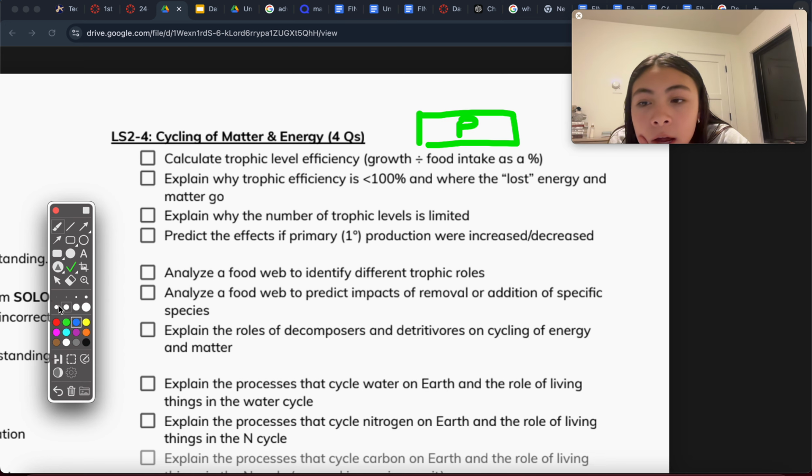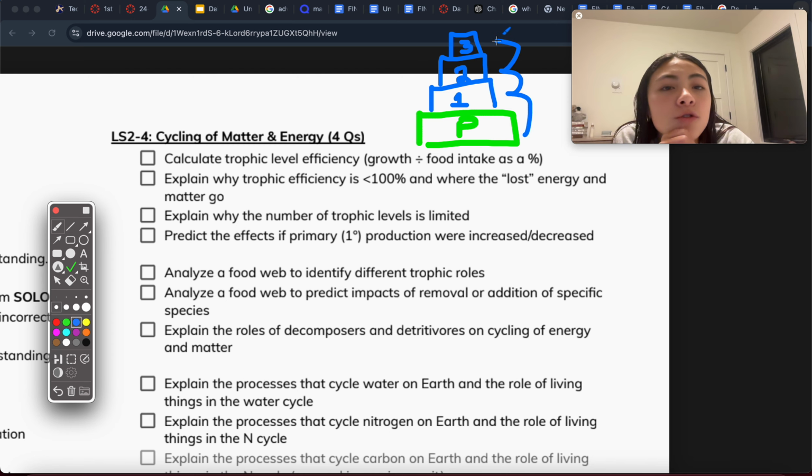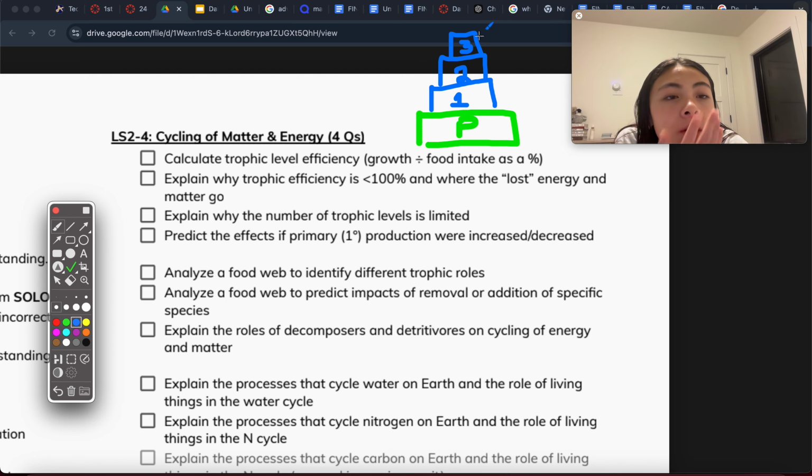And then after that, we have the first trophic level, and then the second, and then the third, and then sometimes even a fourth. But eventually there won't be enough energy to distribute, and so there won't be enough to support a whole other trophic level.